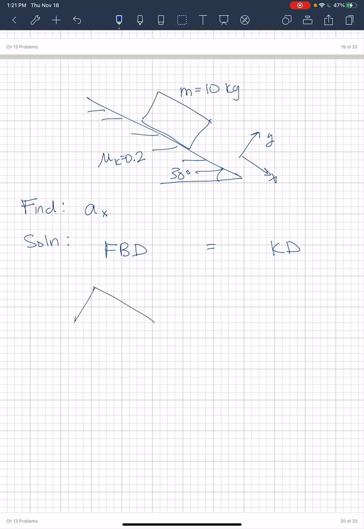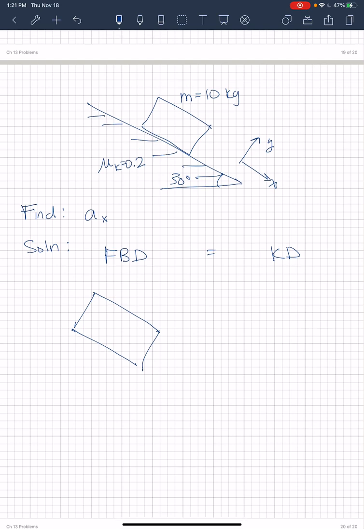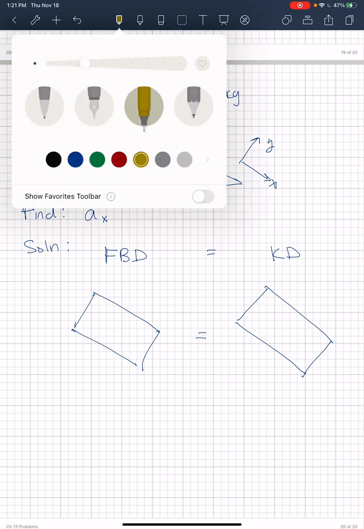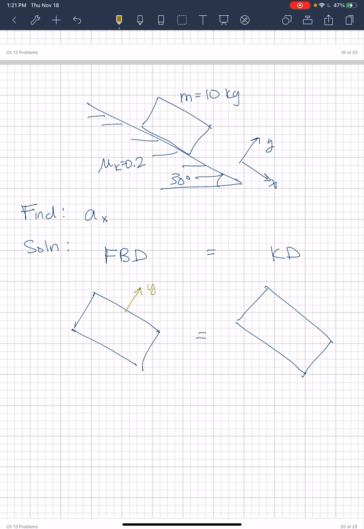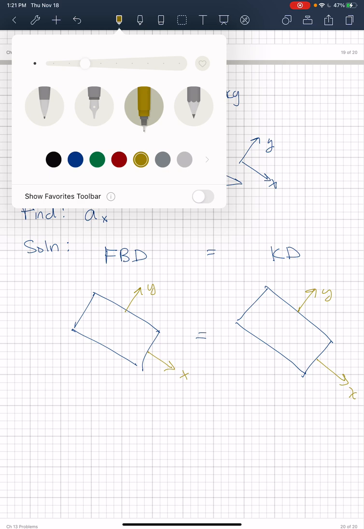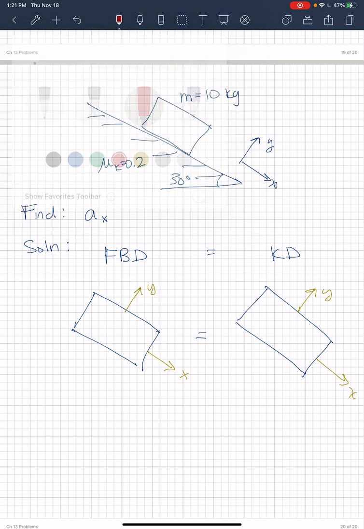We have this crate, equals that. I'm just putting the x and y coordinates on there. All right, and then our forces on the left one, so we're going to have a normal force pointed up.